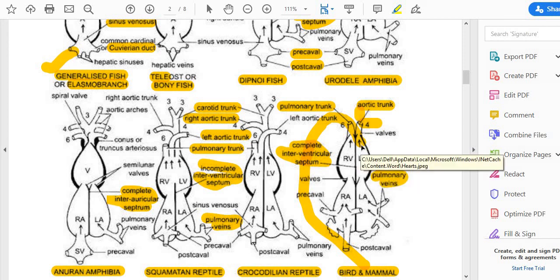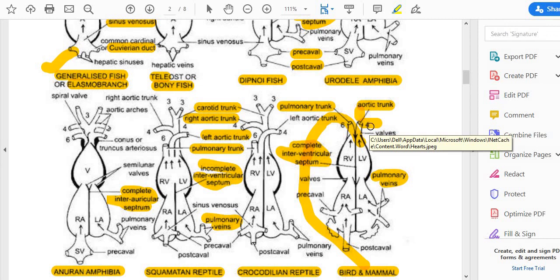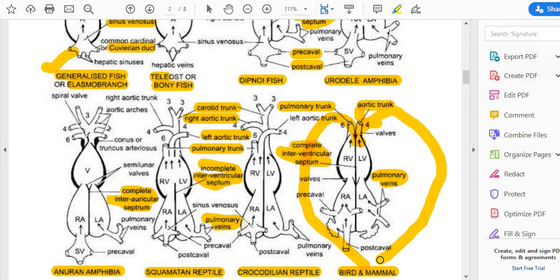So the right systemic arch is seen in the case of birds, whereas in the case of mammals the other division of the systemic arch is arising, and that is called the left systemic arch, from the left ventricle.